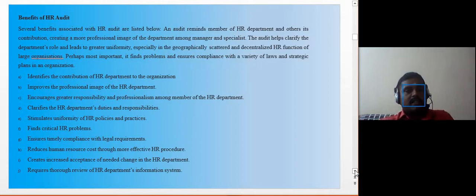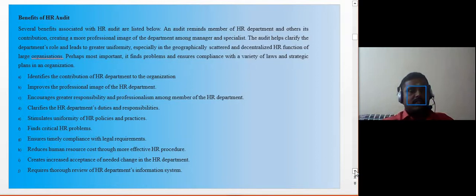The audit helps clarify the department's role and leads to greater uniformity, especially in the geographically scattered and decentralized HR function of large organizations. Perhaps most important, it finds problems and ensures compliance with a variety of laws and strategic plans in an organization.